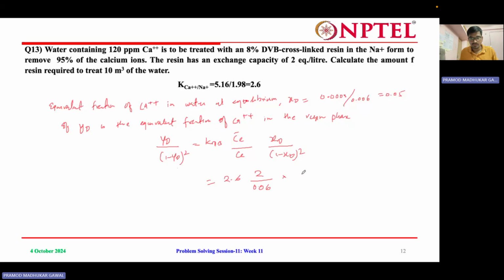XD here is 0.05, right? So after calculating YD, we get 0.8657.